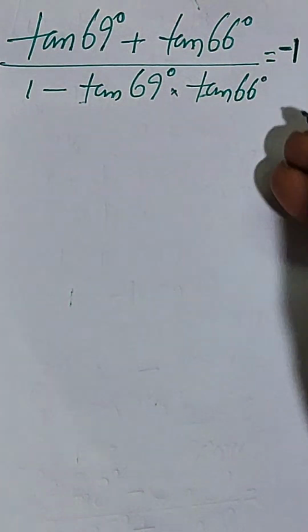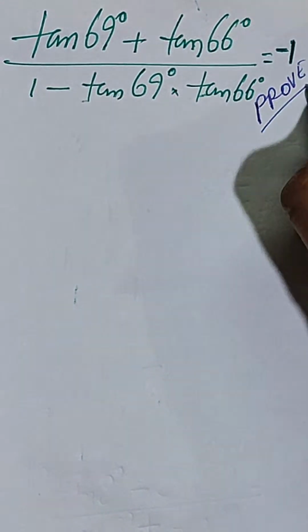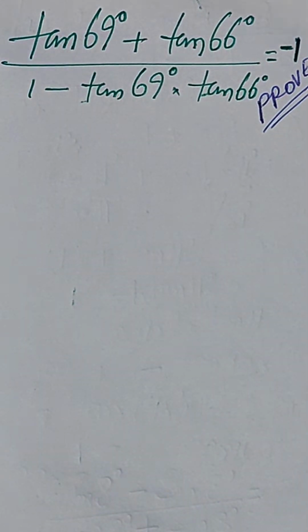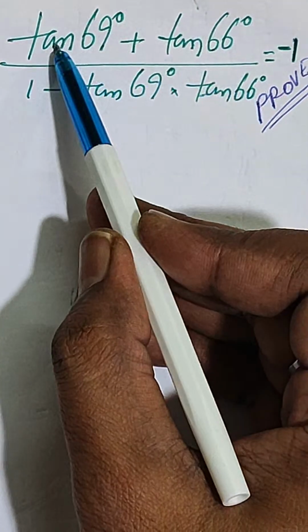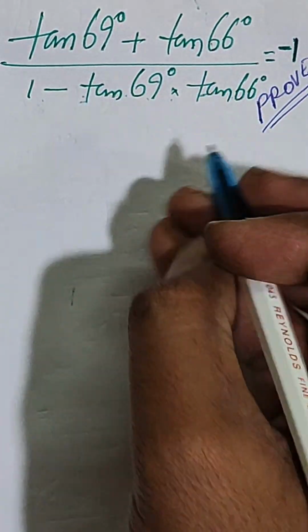We need to prove it, right? So here you can see tan A plus tan B divided by 1 minus tan A tan B, right?